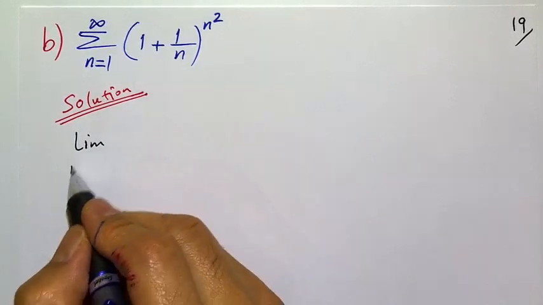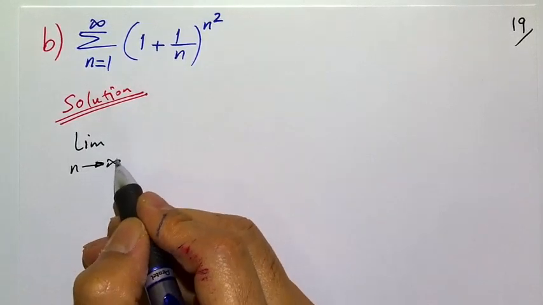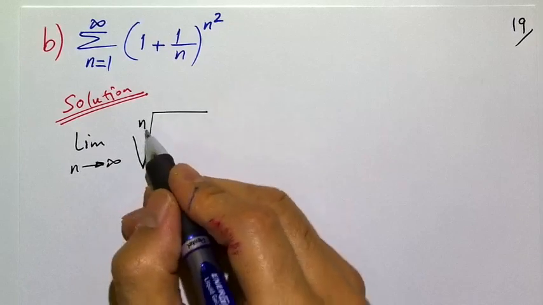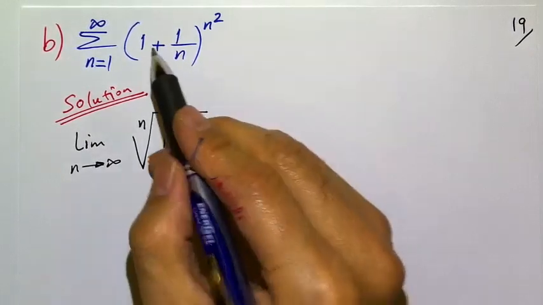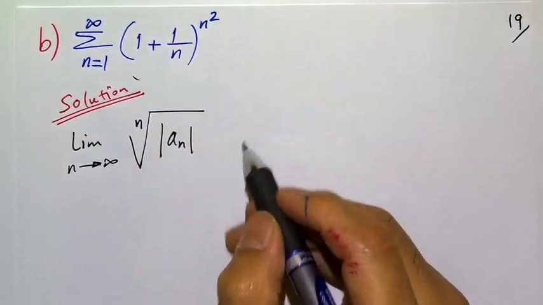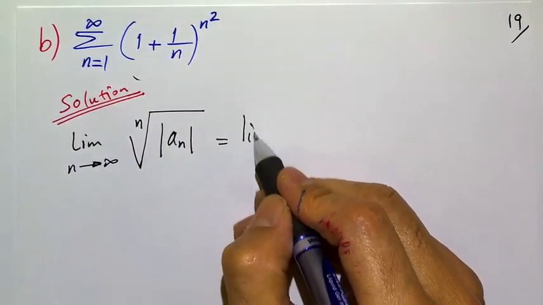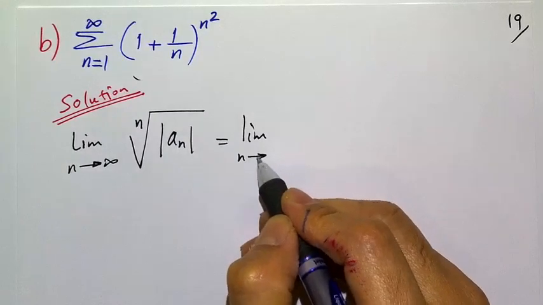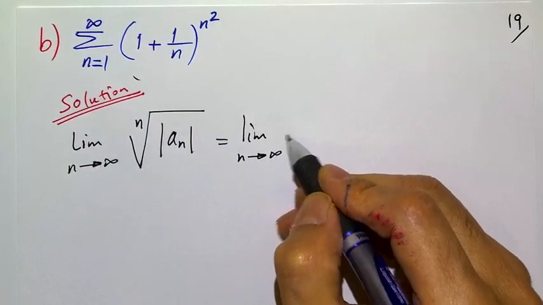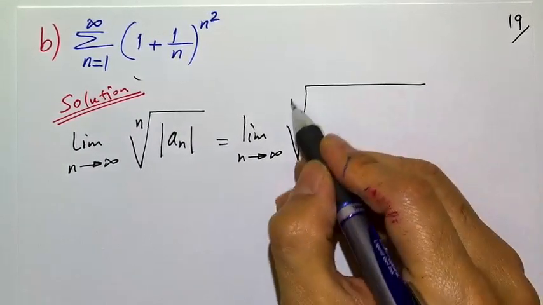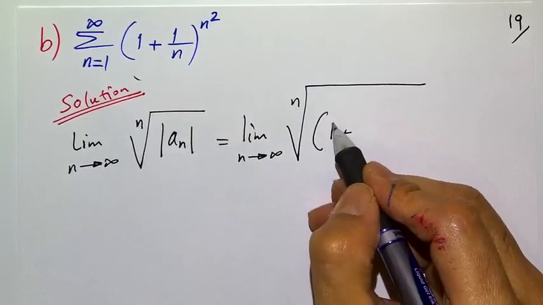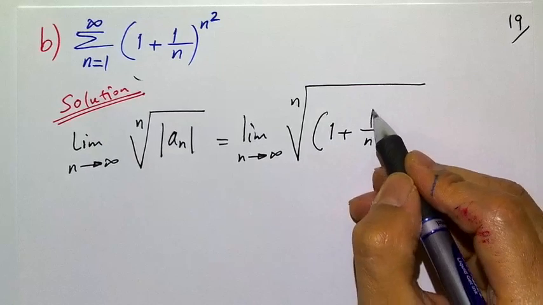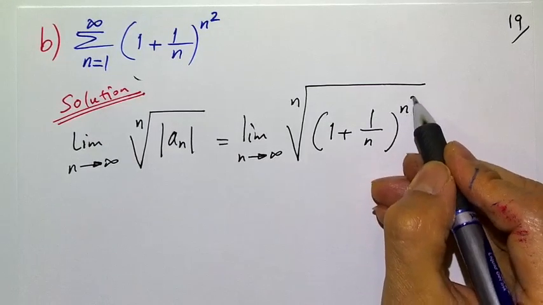The limit as n goes to infinity of the nth root of the absolute value of a_n, and this whole thing is a_n. So we have the limit as n goes to infinity of the nth root of (1 plus 1 over n) to the n squared power.